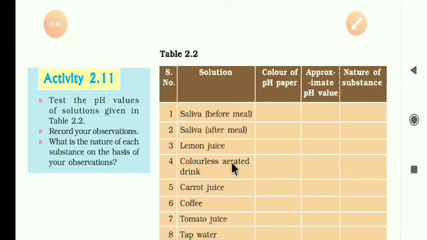The colorless aerated drink, light yellow in color, 6.0, acidic. Carrot juice, light orange, pH is 4.0, acidic. Coffee, orange yellow, 5.0, acidic. Tomato juice, dark orange, 4.1, acidic.